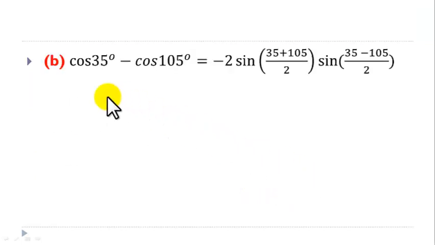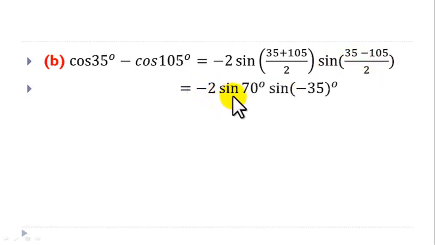B, for the difference of two cosines, we have cos 35 degrees minus cos 105 degrees is equal to minus 2 sin of (35 plus 105) over 2 times sin of (35 minus 105) over 2. And this is equal to minus 2 sin 70 degrees sin of minus 35 degrees. But sin of minus 35 is equal to minus sin 35. That minus will change this one to plus to give us 2 sin 70 degrees sin 35 degrees.